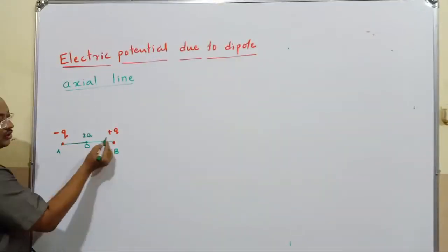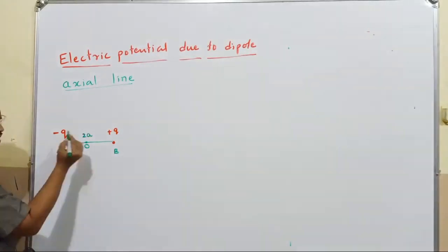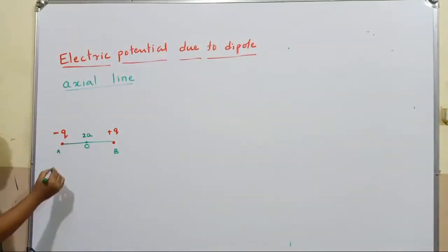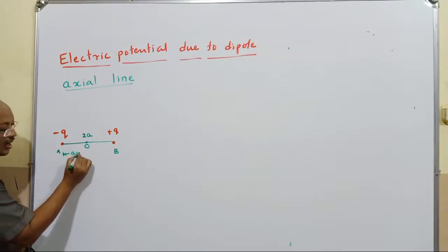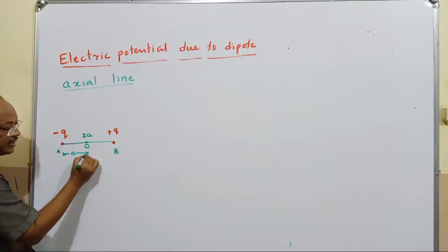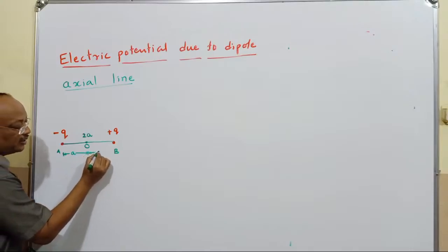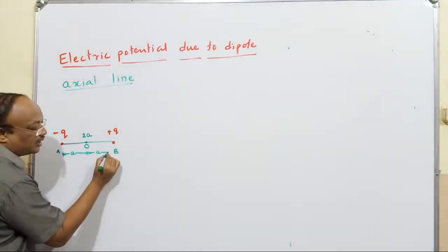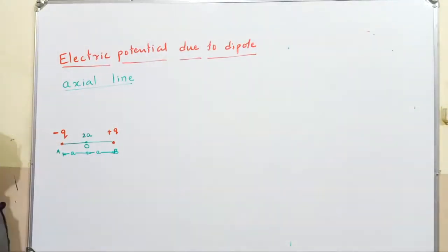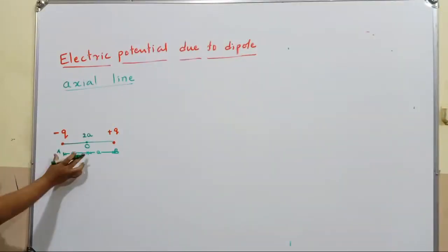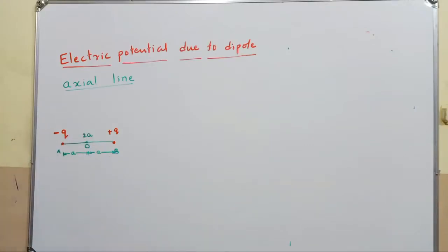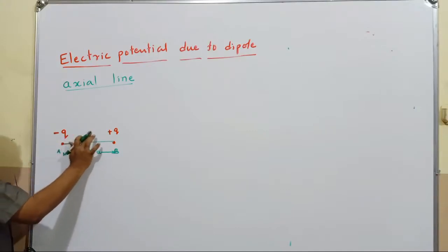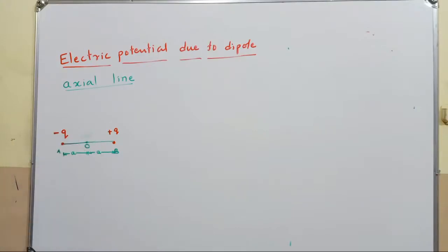Since the dipole length is 2a, I am dividing this 2a into a and a. So this is our dipole.